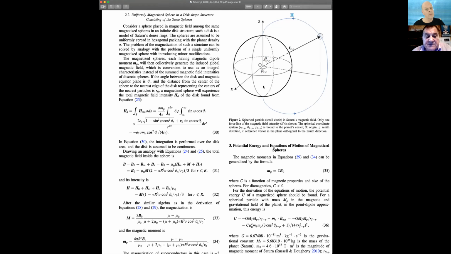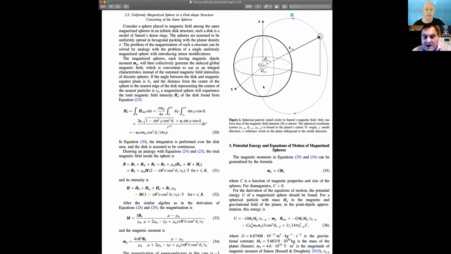Each magnetized sphere having a dipole moment will then collectively generate the global field, which is convenient to use as an integral characteristic instead of the sum of magnetic field intensities from discrete spheres. Expression 23.